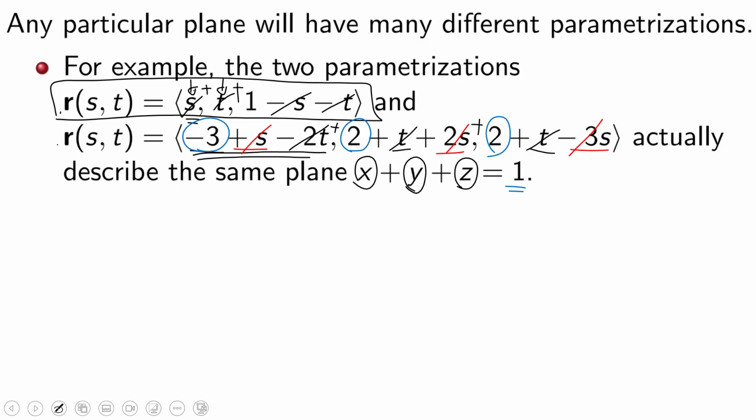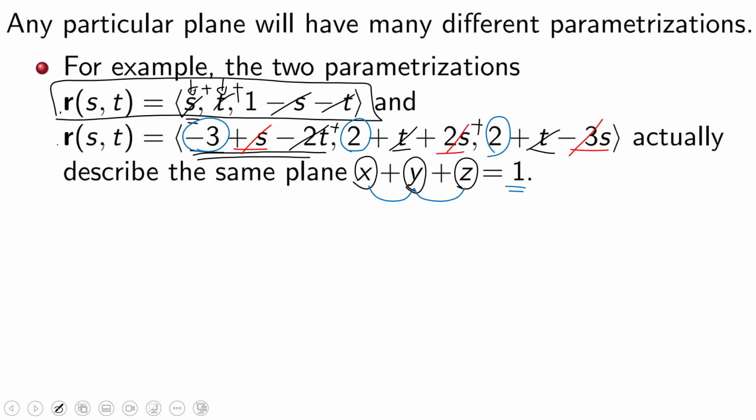So it depends. The original one is the Cartesian one, so this is the original one for the plane. The plane has a unique equation in the rectangular coordinates, but it has multiple representations in the parametric form.